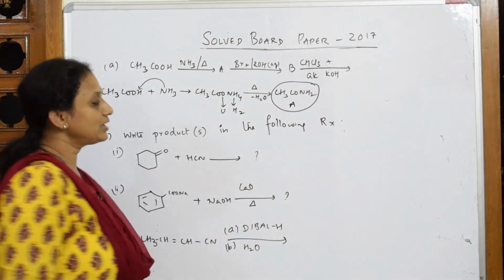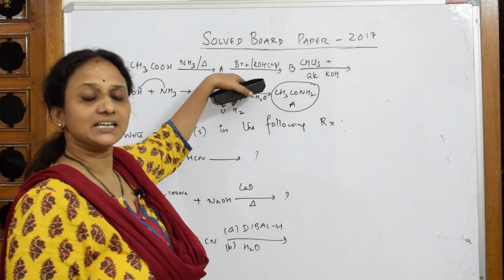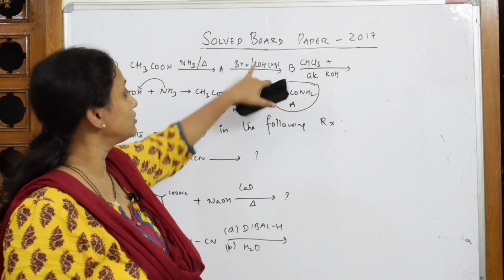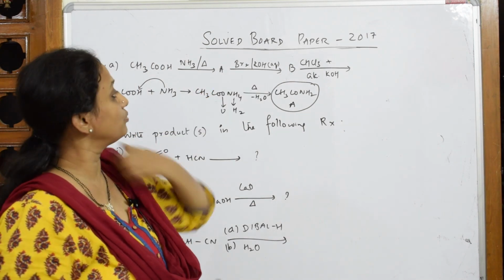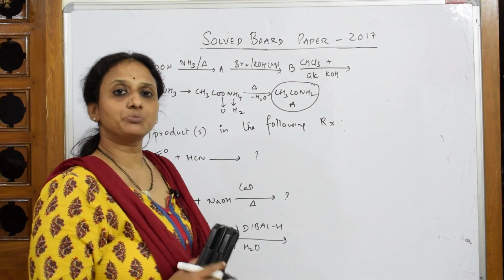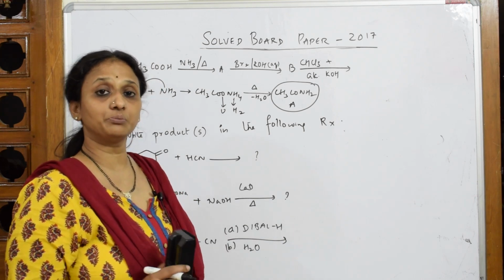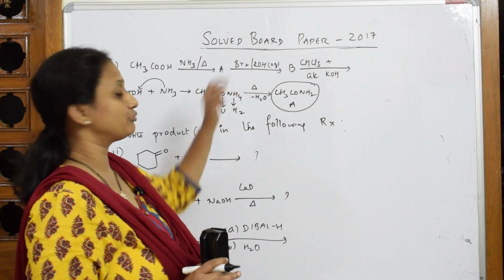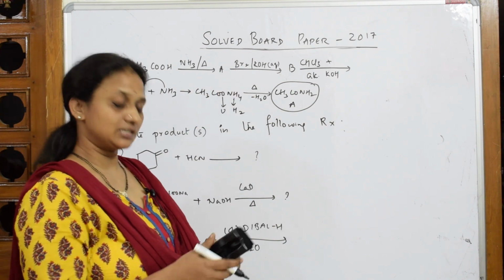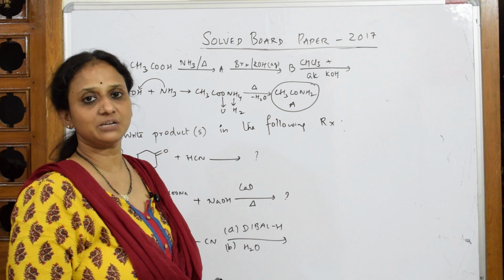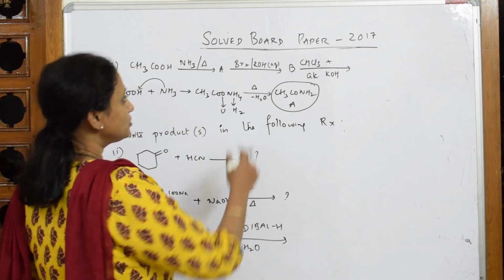Observe. Now what they say? They've taken this reactant A and they allowed it to undergo reaction in the presence of bromine and KOH. Whenever you see bromine and KOH or bromine and NaOH, that is called Hofmann bromamide reaction. Usage of bromine in the presence of a base, that is Hofmann bromamide reaction, which I'll be doing in the amines chapter. So what does that do?